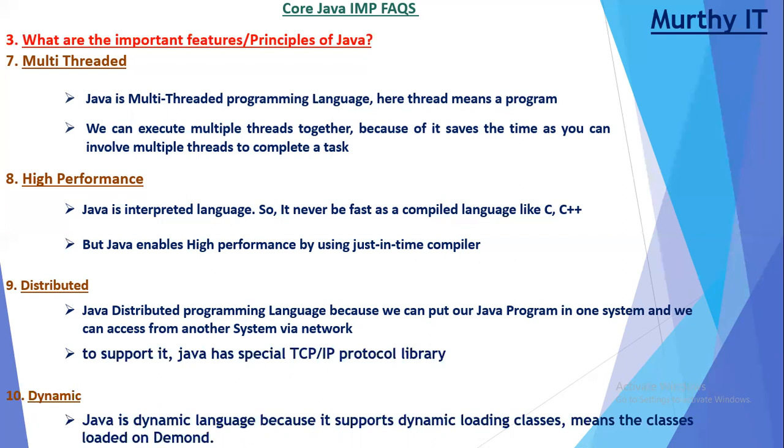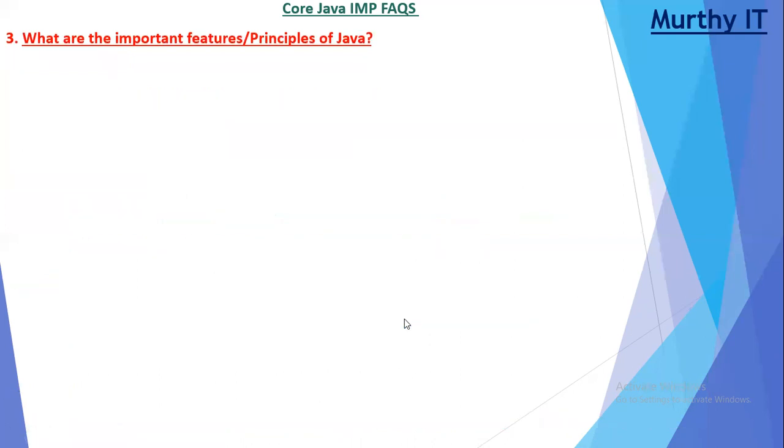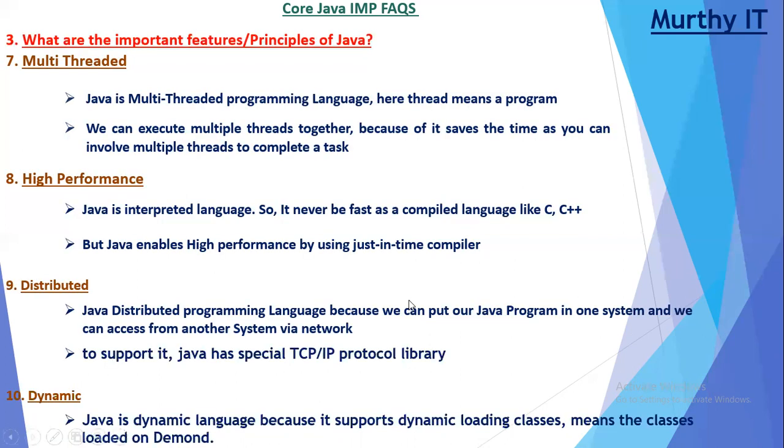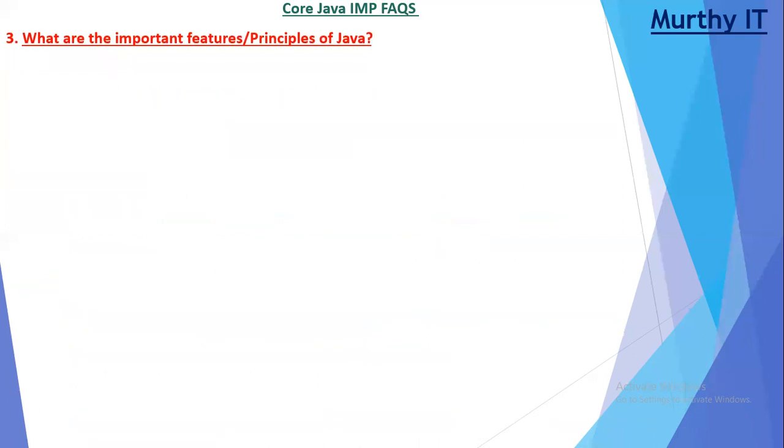No. Only the particular class that is executing, and whichever classes it is using, only those particular classes will be loaded. So Java being dynamic means the classes will be loaded on demand, not all the classes at a time. That's why it is dynamic.